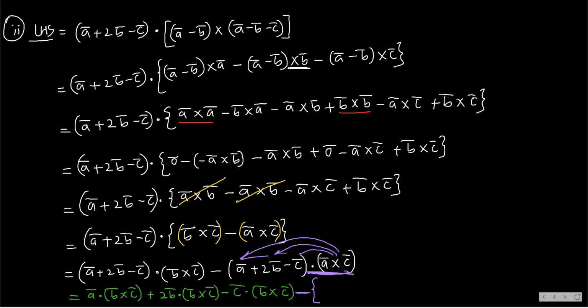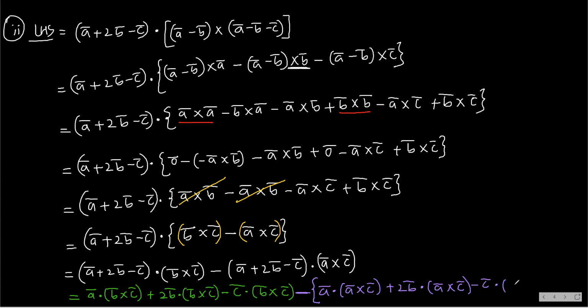It will now get you a bar dot a bar cross c bar plus 2b bar dot a bar cross c bar minus c bar dot a bar cross c bar. You see this? And the bracket is closed.